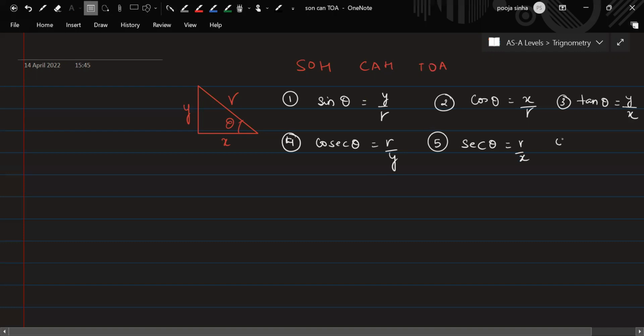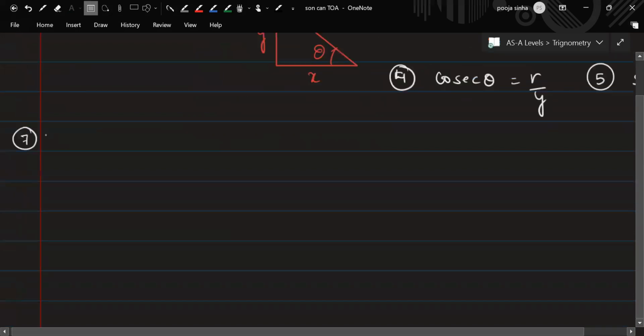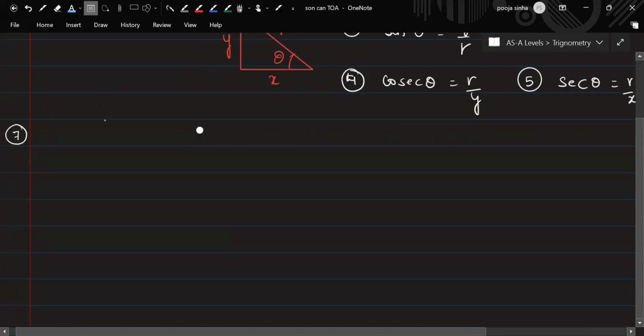And the last one, cot theta, should be x upon y. This much is clear? Perfect. Now, one identity, I'll keep numbering them. This is the seventh one, which you've done before. You know that sine square theta plus cos square theta is equal to 1.